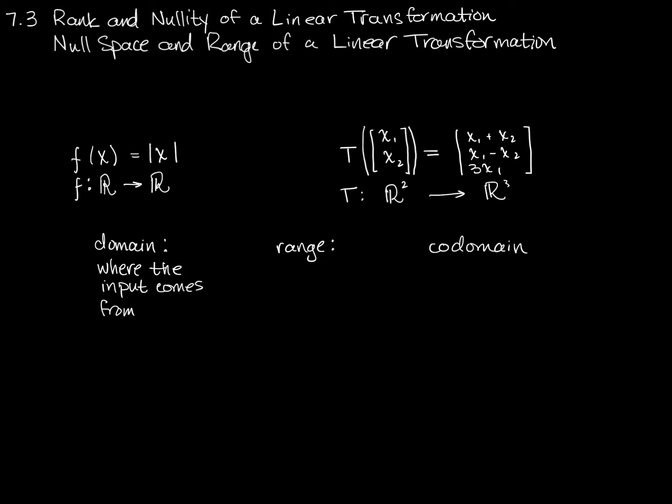If I take a number like -3 and plug it into my function, my answer is going to be +3. And that is also in the real numbers. But notice that the outputs are no longer going to contain all of the real numbers. It's only going to contain the positive real numbers and 0. So the range is where the outputs actually end up, the actual list of output values you get from the function.